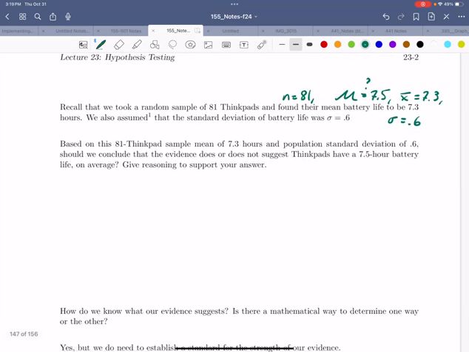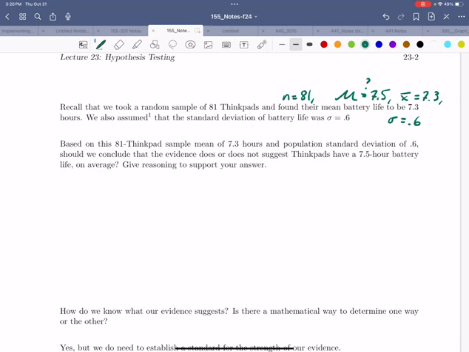So the question is, does the evidence from our 81 laptop sample support that ThinkPads have a 7.5 hour battery life? And you can have your own opinions about this. You can think what's reasonable or what's not.